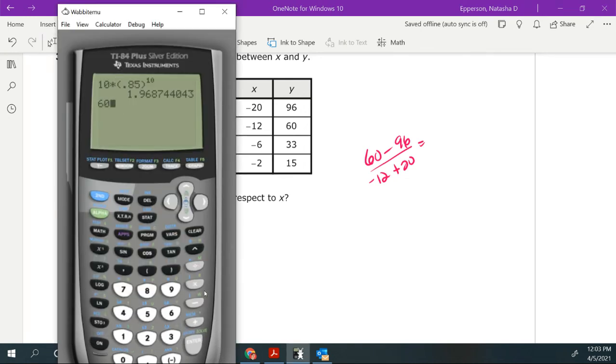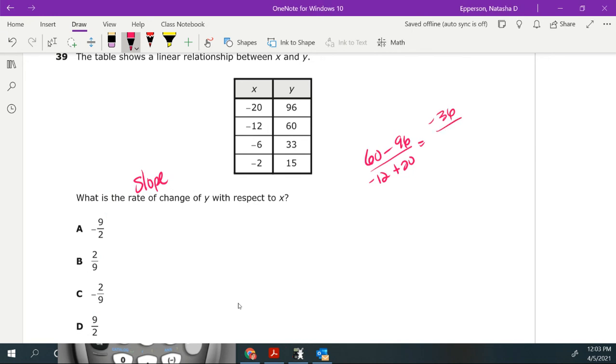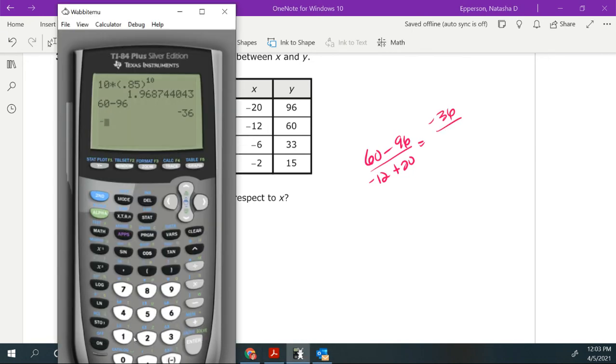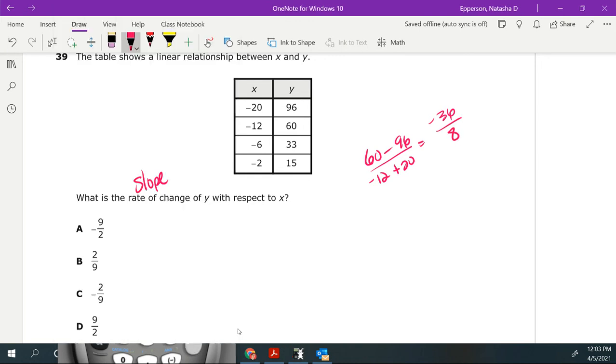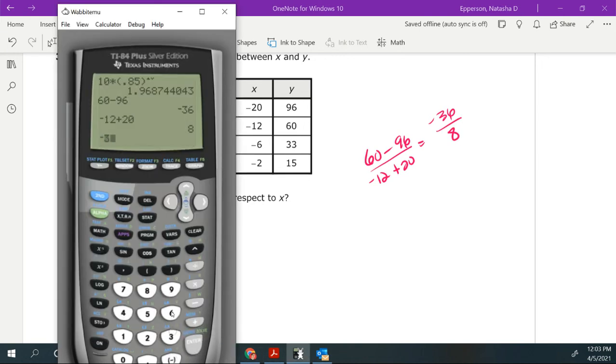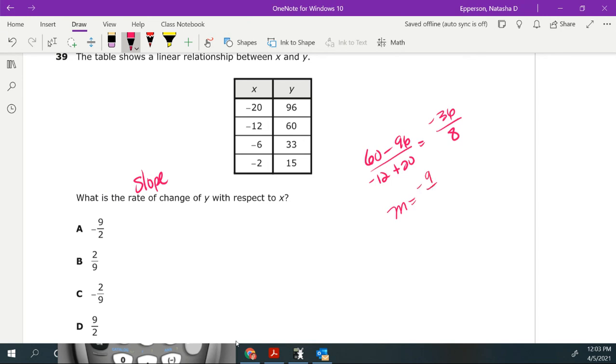So 60 minus 96 gives me negative 36. Negative 12 plus 20 gives me 8. Negative 36 divided by 8 gives me negative 4.5. Math, enter. Enter will give me the fraction. So m is equal to negative 9/2, which is our answer choice A.